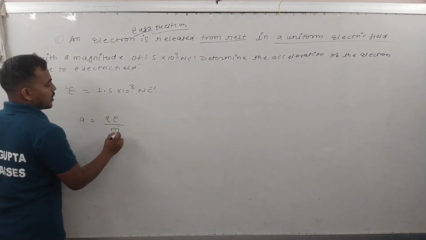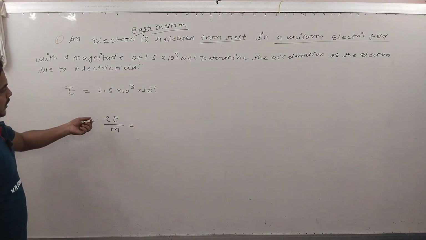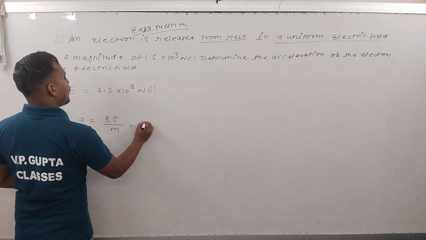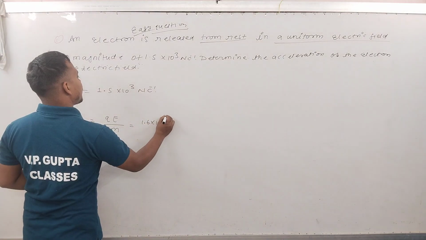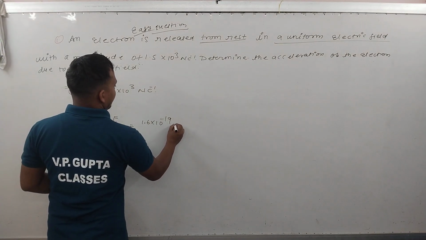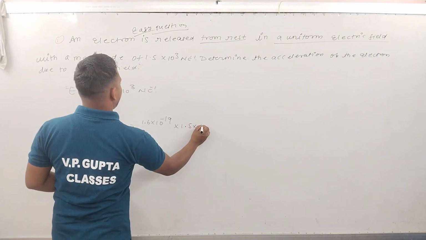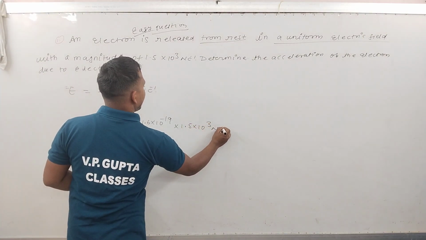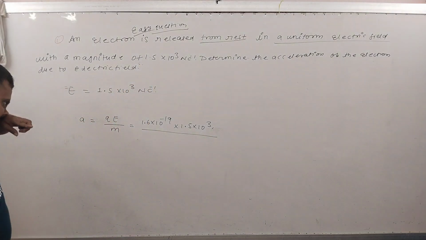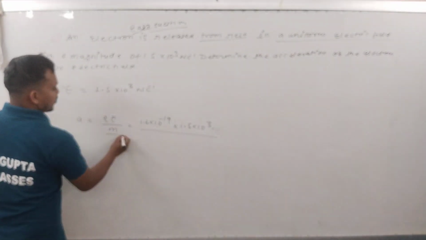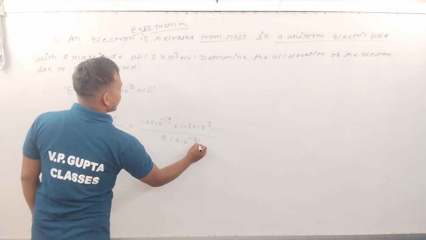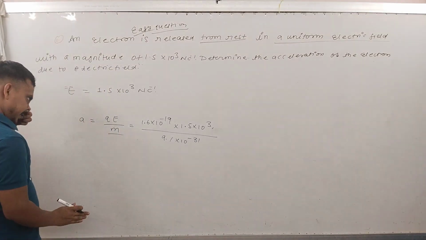So we apply all the numerical values: q is equal to 1.6 into 10 to the power minus 19, E is equal to 1.5 into 10 to the power 3 Newton per Coulomb, divided by the mass of the electron, 9.1 into 10 to the power minus 31.